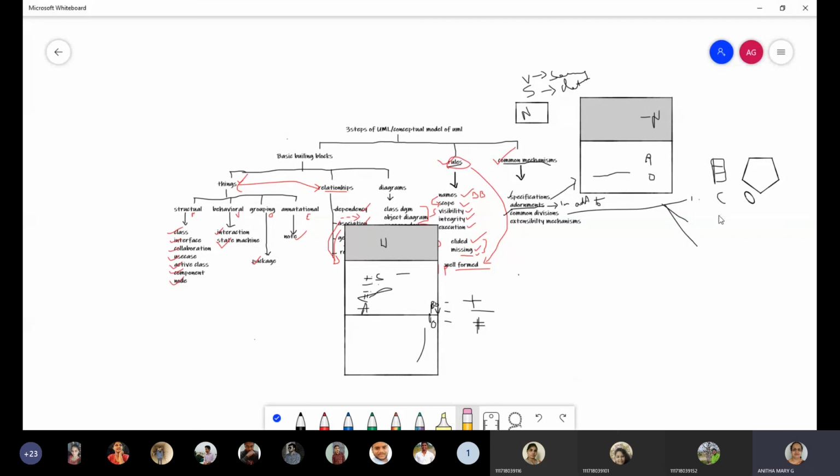Just leave that, it's not a pentagon. Object is something where we have a rectangle.